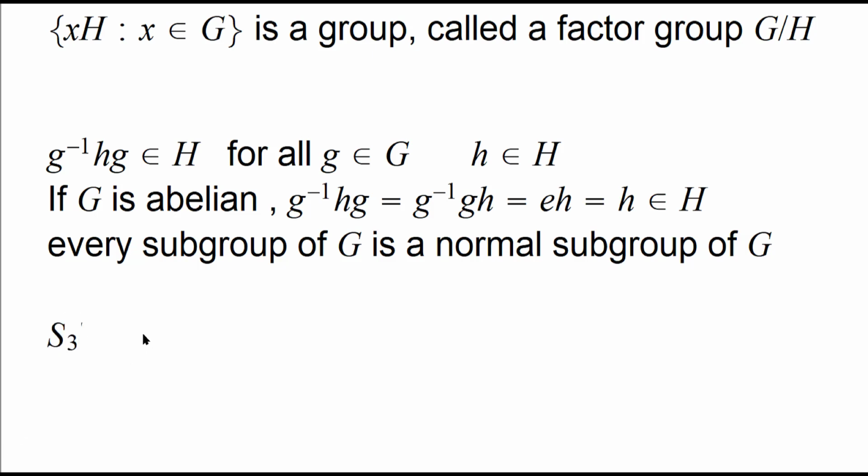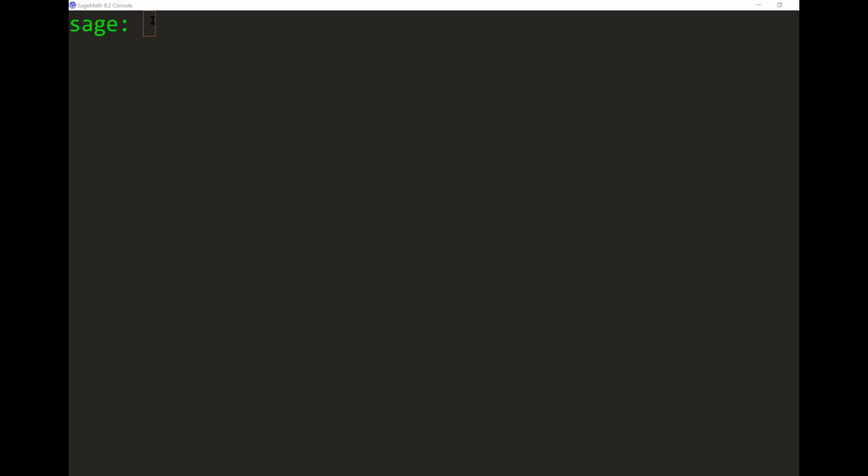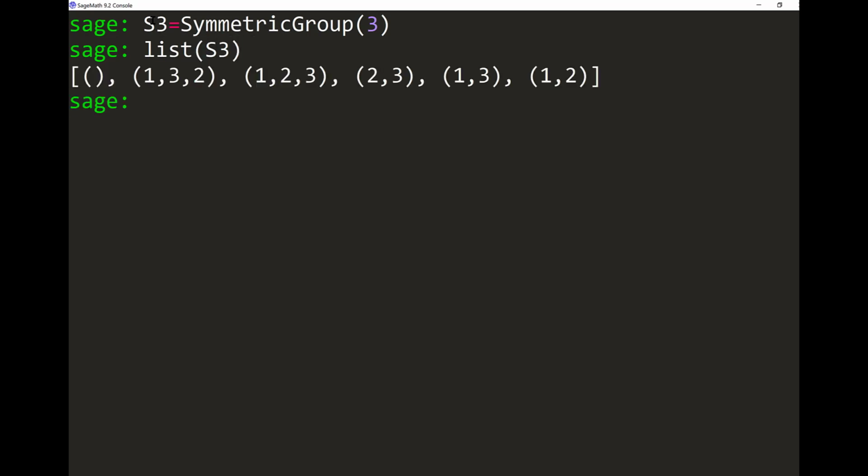And if you recall the elements, now instead of writing them by hand, let's not forget that we have, in addition to a free textbook, a free software also, that is SageMath. And here we can have it list the elements of S3, the symmetric group on 3 symbols, like this.